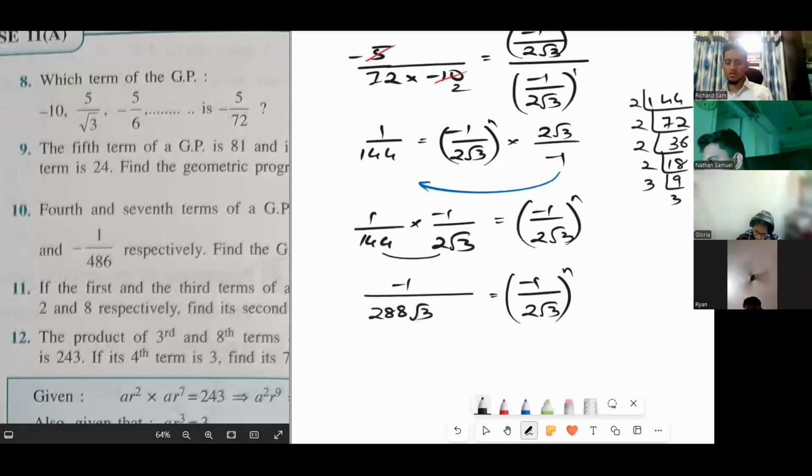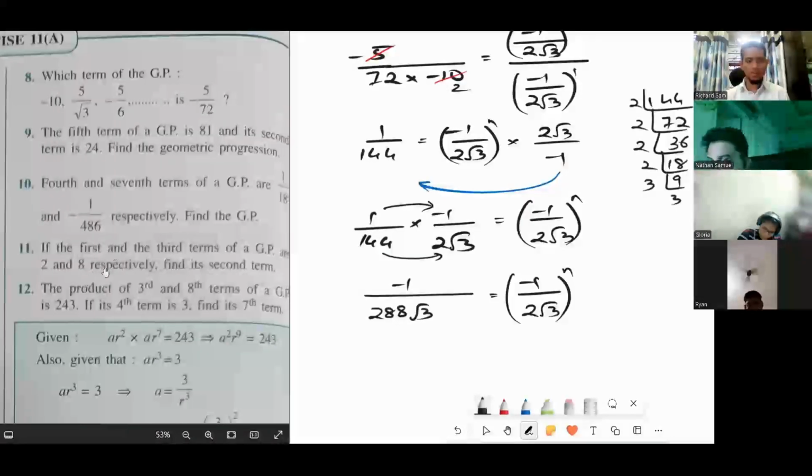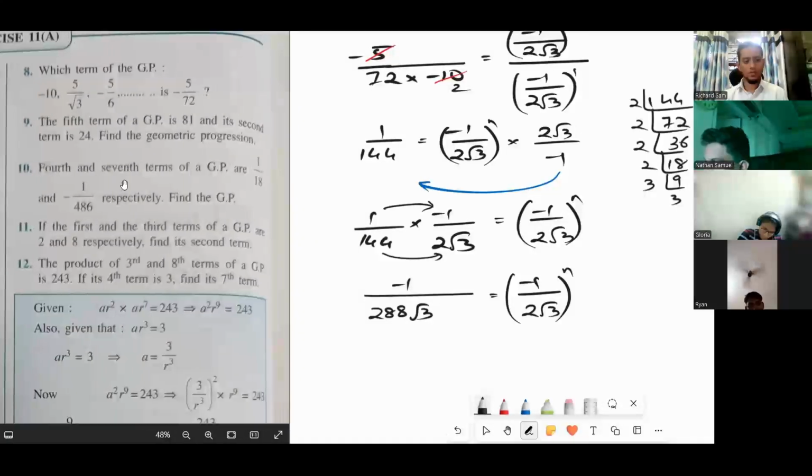On top, 144. This is multiplication or direct multiplication. Just check the answer behind, no? Is this in your book? Yeah. Fifth term is the answer.